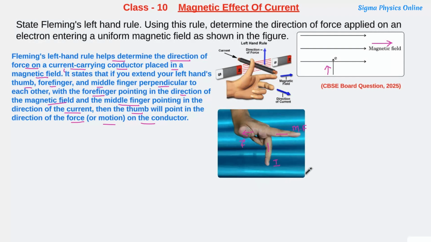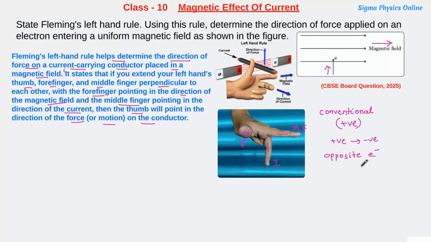Now there is one important thing which you need to remember here students, that the current which we are talking about here is the conventional current, that is the current which flows due to the flow of the positive charges, and this current flows from the positive terminal to the negative terminal, and the direction of this current is opposite to that in which the electrons flow.